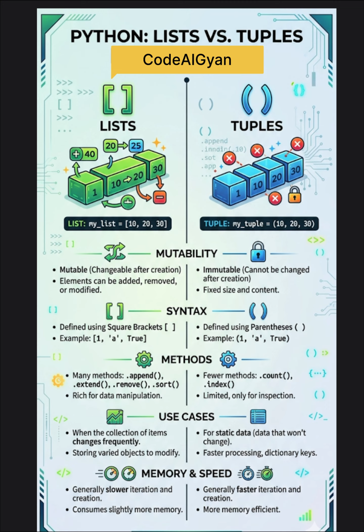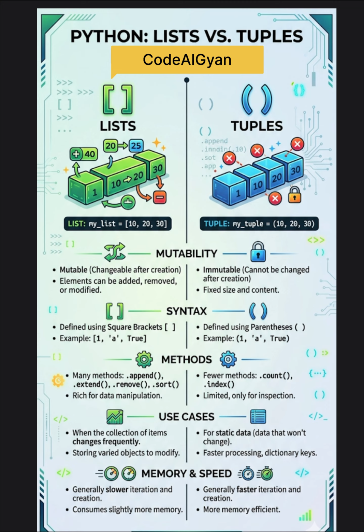So from the use case perspective, the list is a collection of items which changes with respect to time. We can modify any of the values. Now, storing varied objects means very different objects we can store within a list. And the use cases of the tuple are static data that would not change, faster processing and dictionary keys.